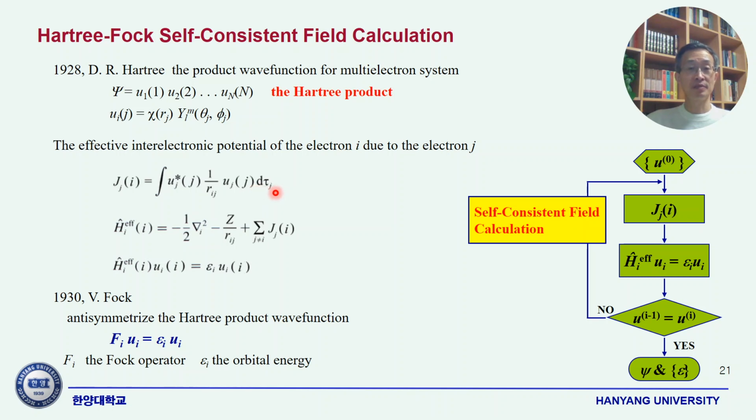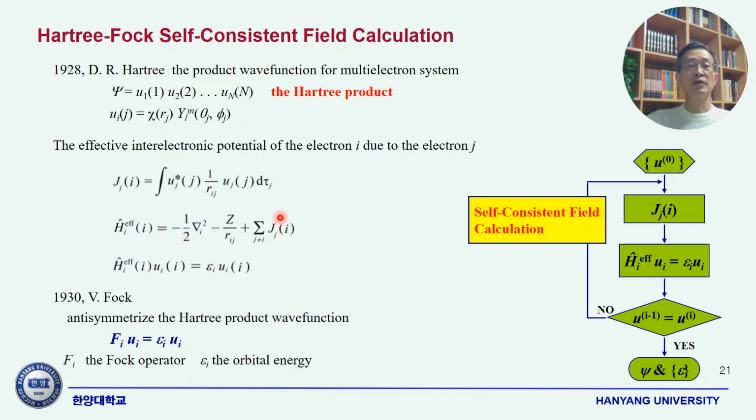Do you understand that? Okay. Then you collect all the J terms except I. That is the interelectronic potential of electron I in the field of the rest of the electrons. And then there is the kinetic energy of itself and the potential energy of itself to the nucleus.